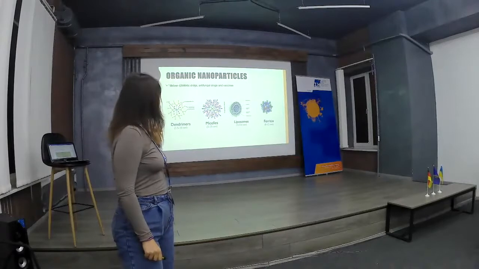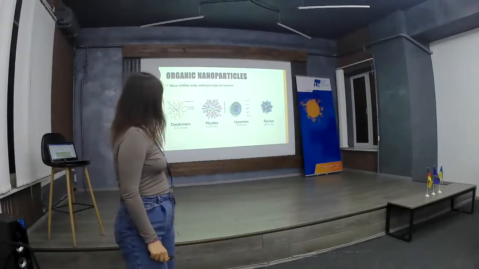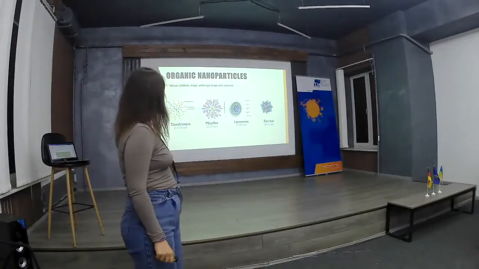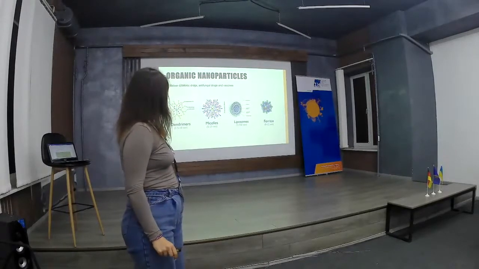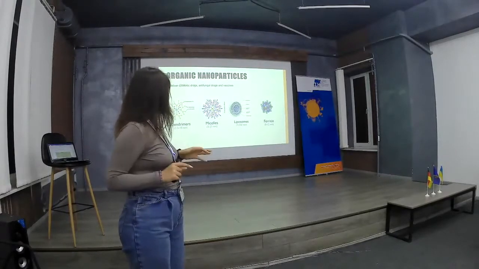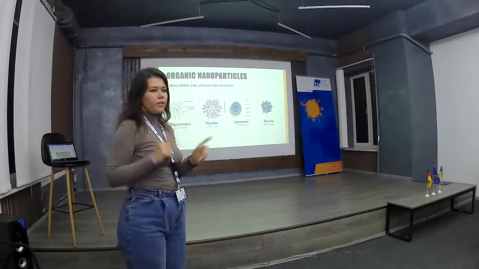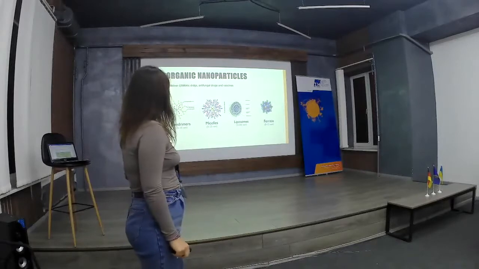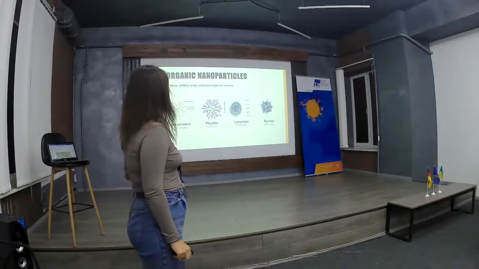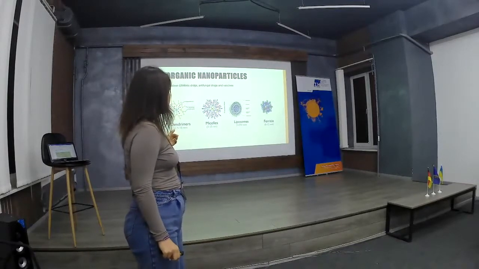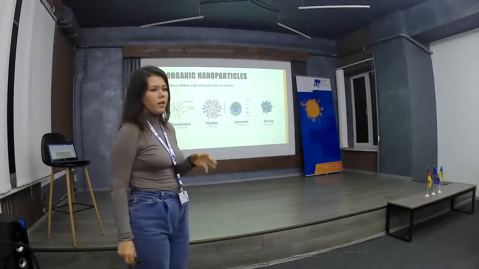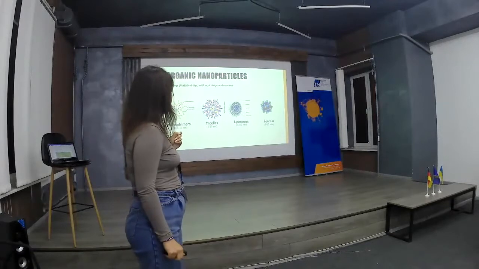Yeah, so organic nanoparticles we can see here. So dendrimers, they are small structures. They are symmetric, so they're usually three-dimensional, and all these organic nanoparticles are usually used for delivering drugs and vaccines into the cell.